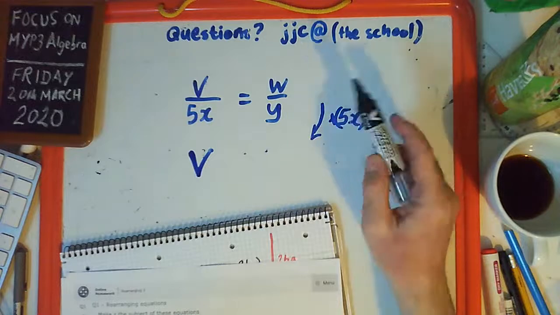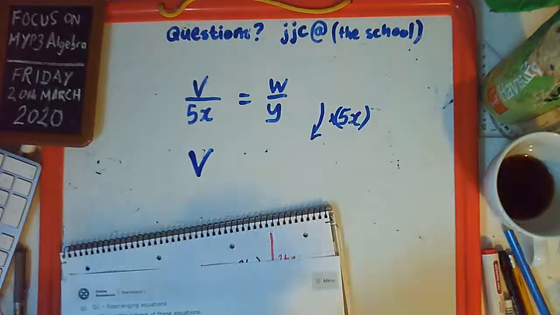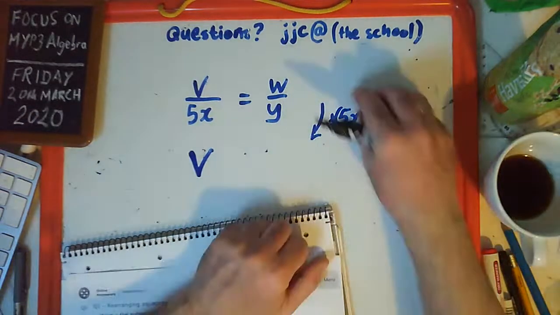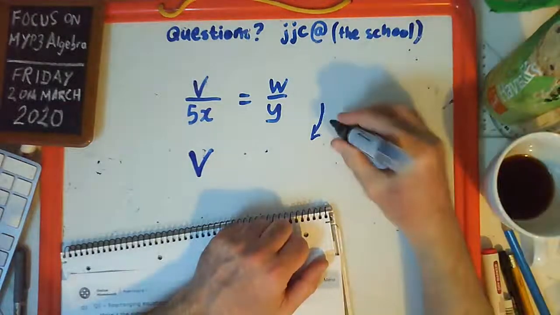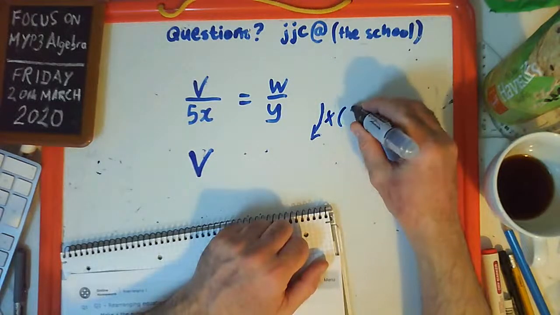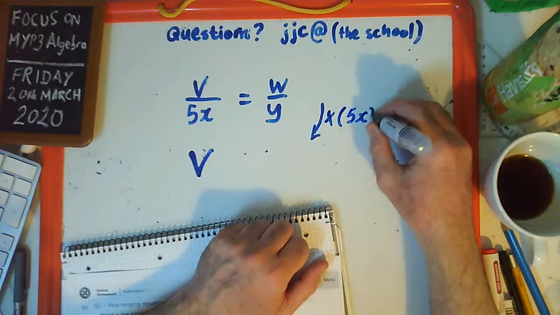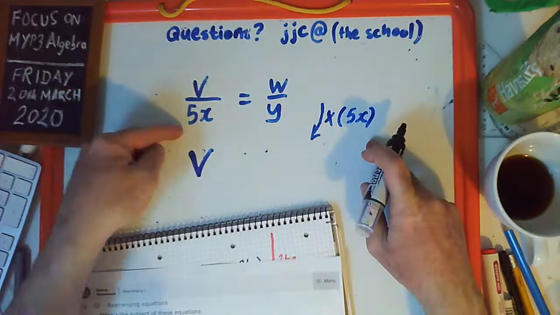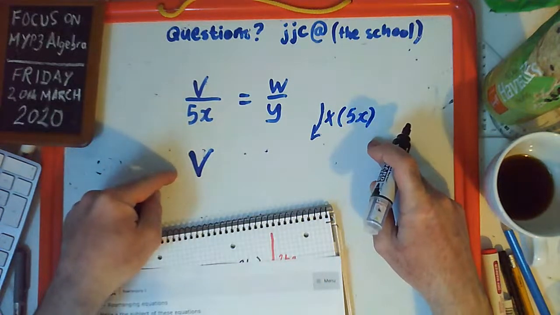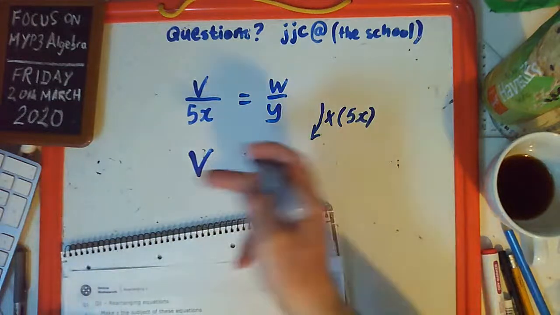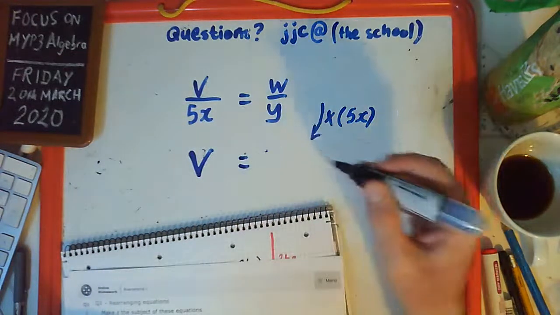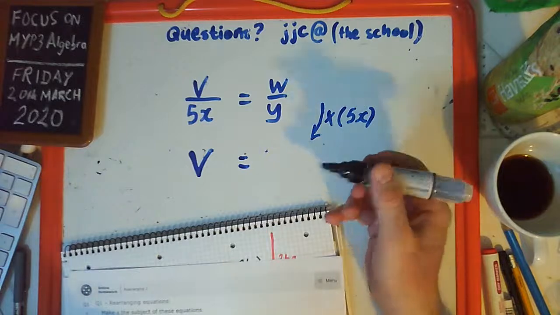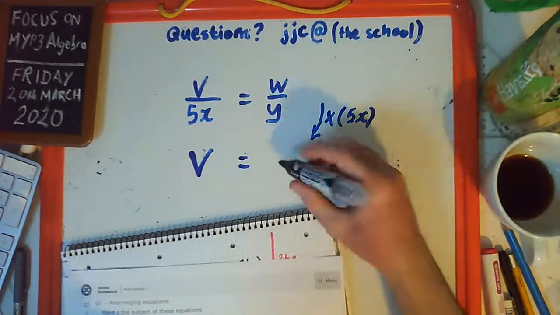So I've multiplied by, let me just tidy that up a bit, multiplied by the bottom of the fraction, the 5x, the denominator, to get a whole v. But if I'm multiplying the left by 5x, then I need to multiply the right by 5x as well.